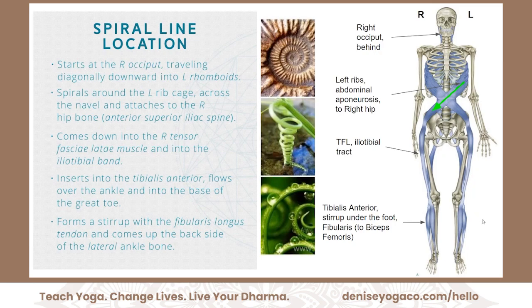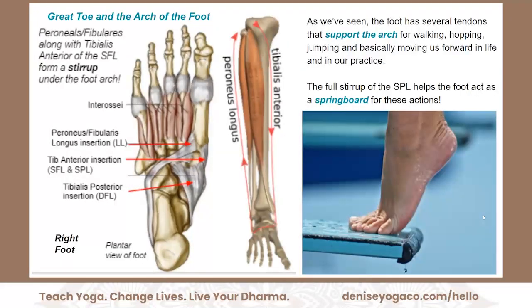Now, can I do this myself? Okay, so let's once again just take a quick look because, again, this is so important to the spiral line. Last time, I got really excited and I wanted you to see the stirrup under the foot. Now, as I've said over here, the peroneus longus, the fibularis, remember this is the right foot and you're looking at the bottom of the right foot.